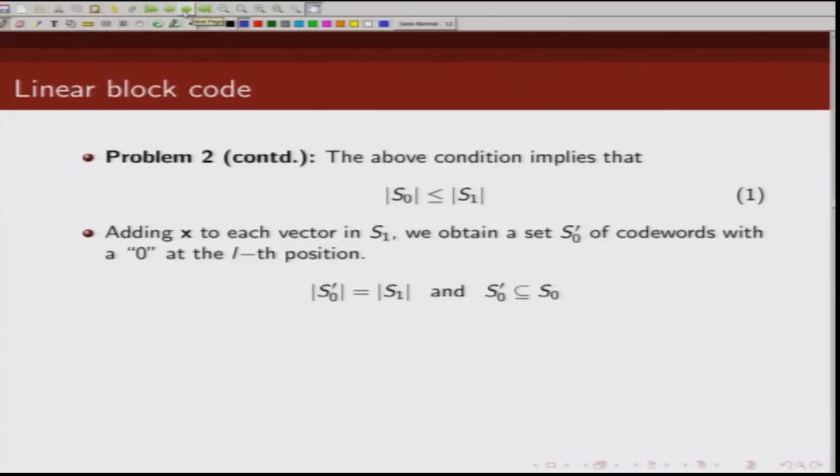Now add this same vector X, which has 1 at the lth location, to all the elements in S1. When we do that, we get a new set of vectors which has 0 at the lth location. We denote this set by S0 prime.